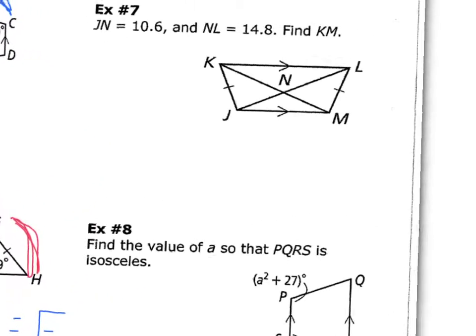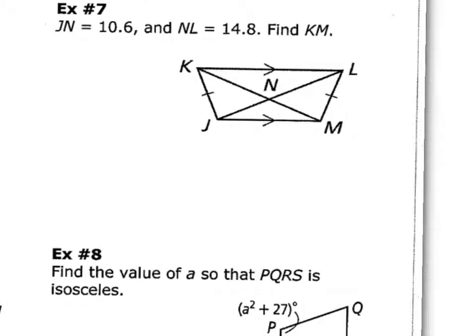Number 7. Let's go ahead and label these. Since we know JN is 10.6, and we know that NL is 14.8, we want to find KM. So let's add up JN and NL.